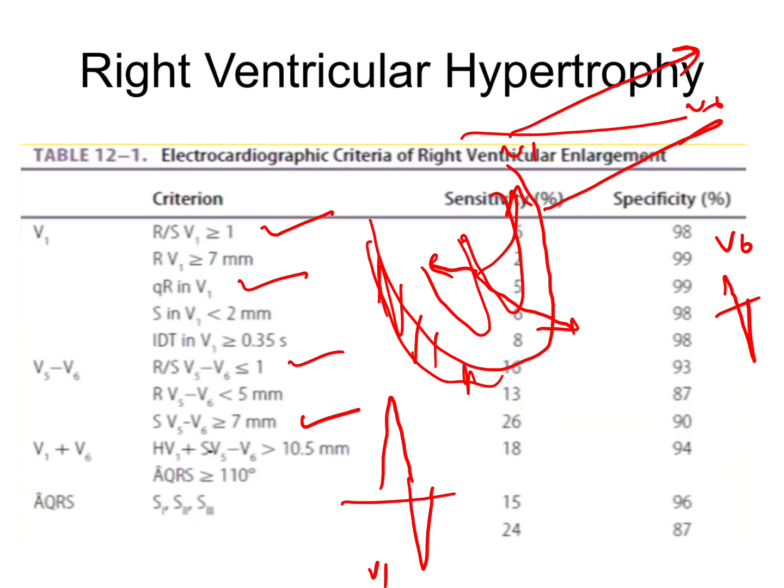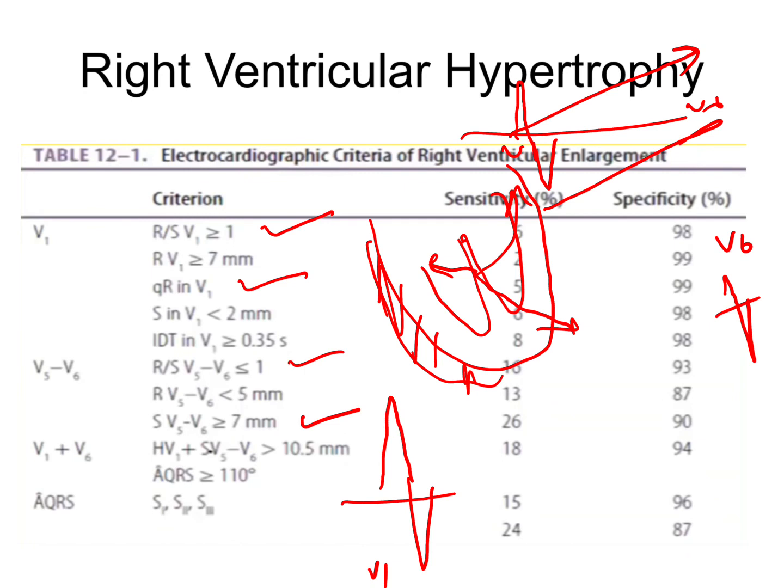But in right ventricular hypertrophy, the R wave will be more in V1, or we can say equal to the S wave in V1, and gradually its size decreases when it reaches V6.